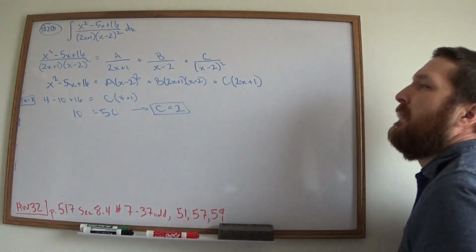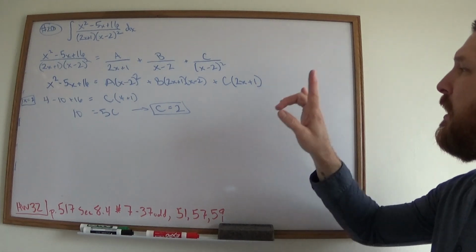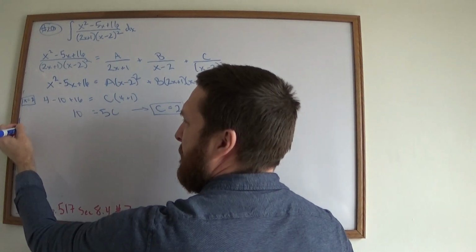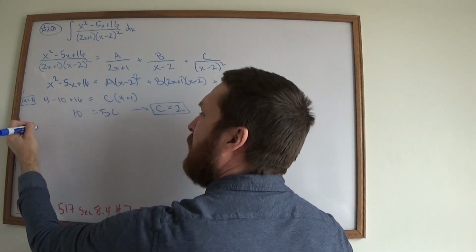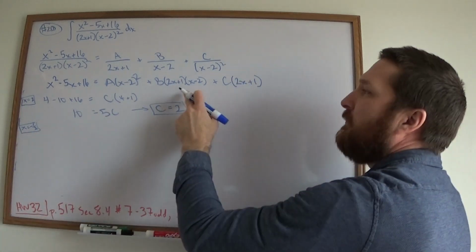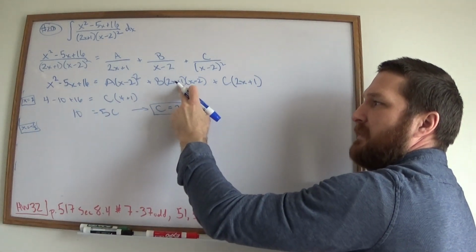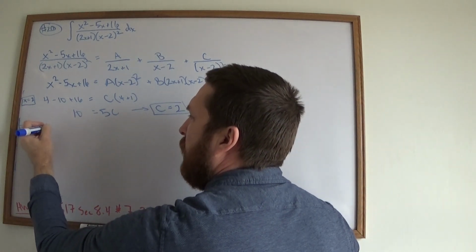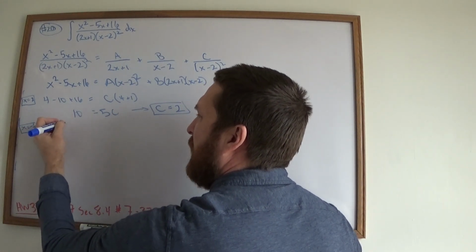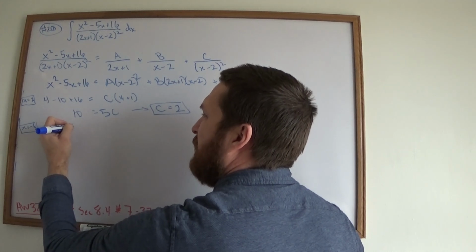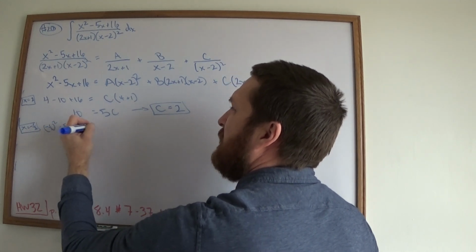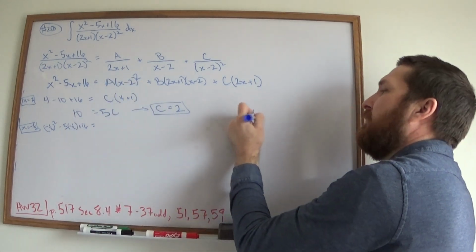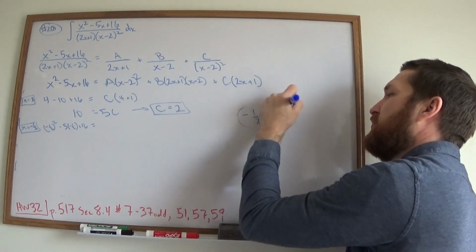Okay. Now, what's another x you want to choose? Negative 1/2. Why? Because that's going to make my life easy. If I plug in negative 1/2 into here, that makes that 0. Ditto right there. So negative 1/2 squared minus 5 times negative 1/2 plus 16 equals, negative 1/2 minus 2 squared.